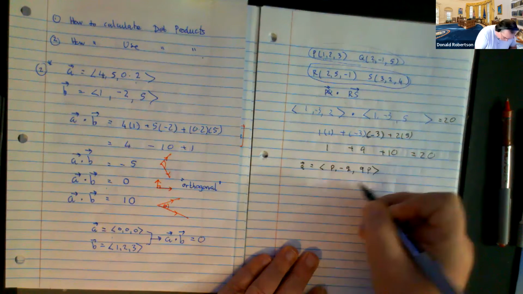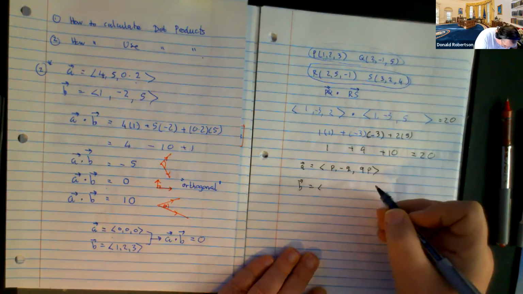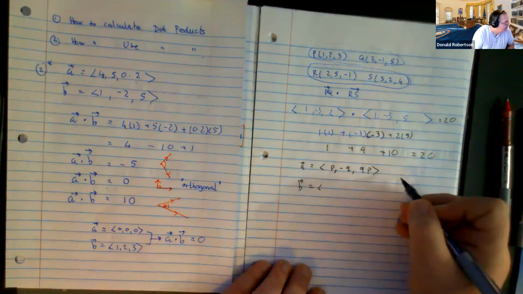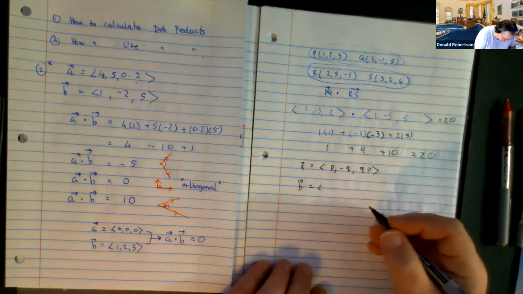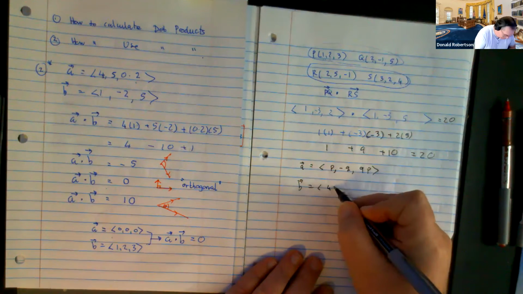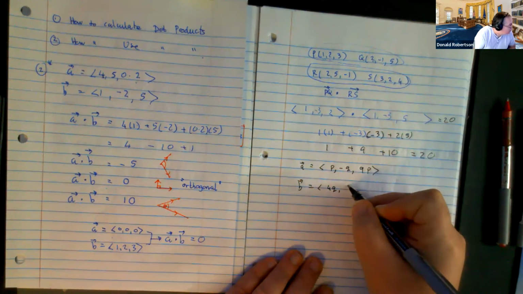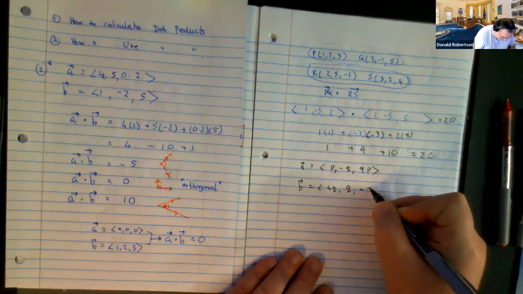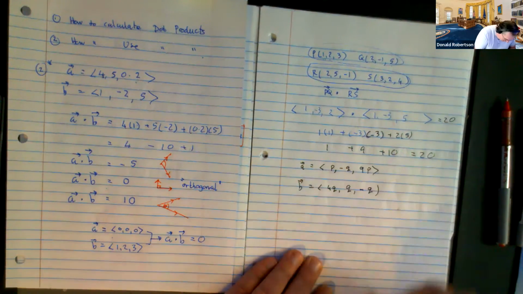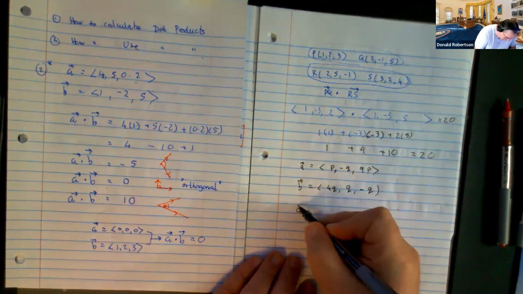Instead, they contained, in this case, variables P and Q. And I asked you to find the dot product.